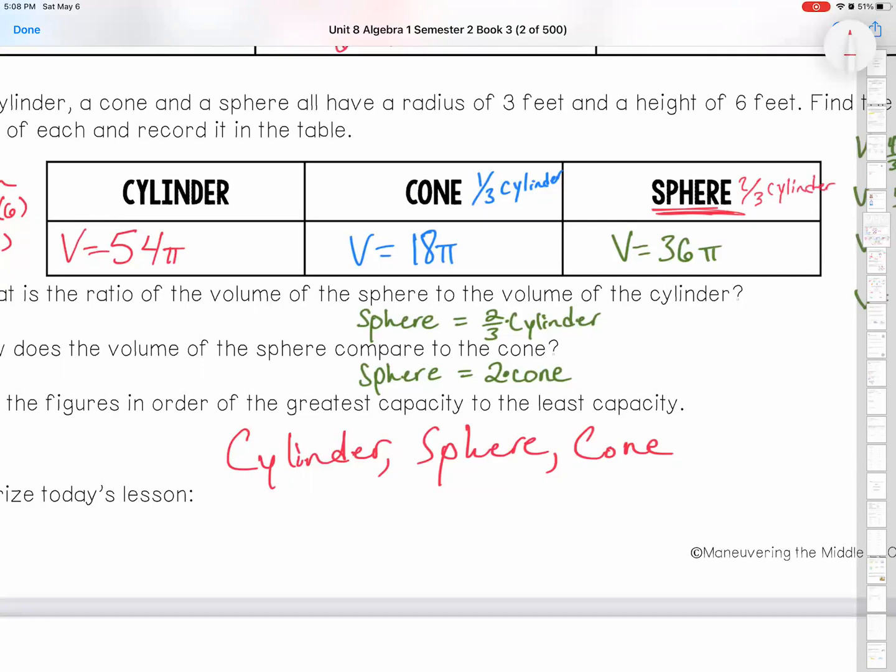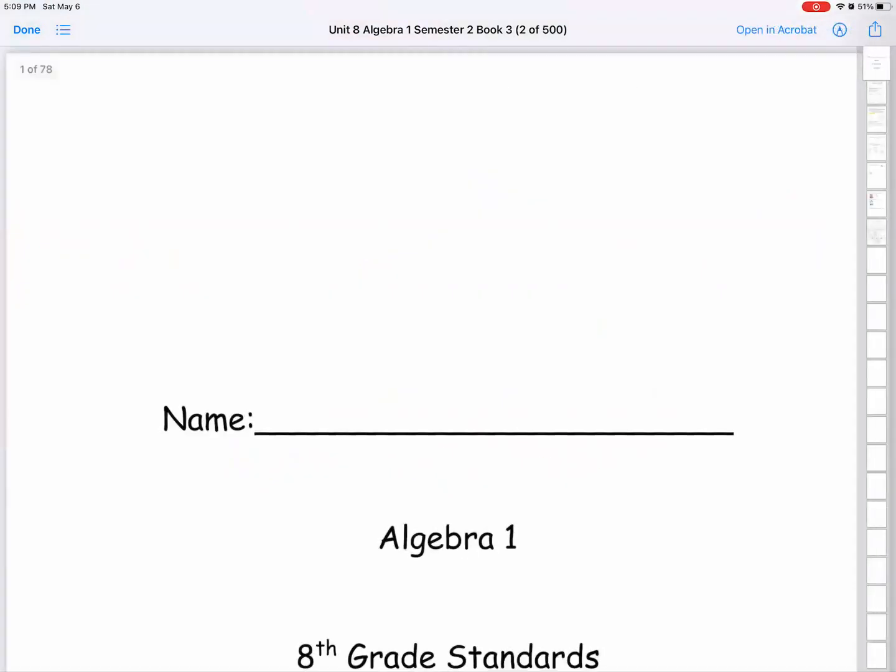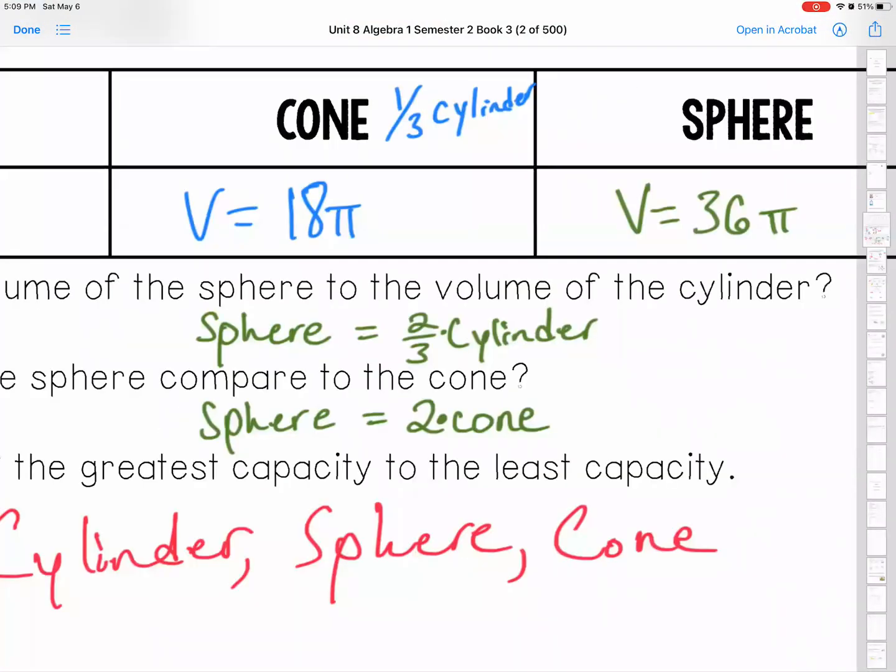So 36 pi is actually 2/3 of the 54 pi. And notice, between the cone and the sphere, the sphere is actually double. So I just times the cone by 2 and I can get my sphere's volume.